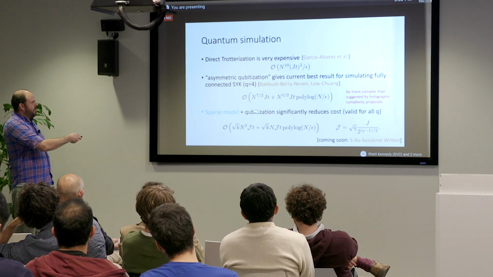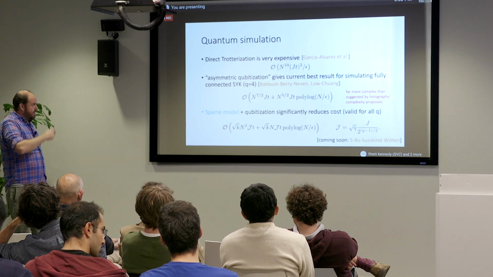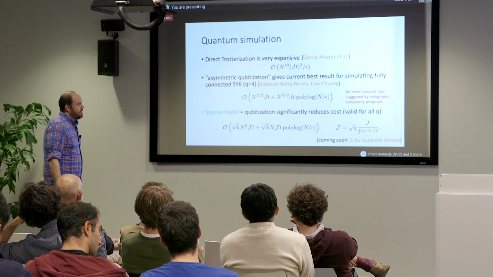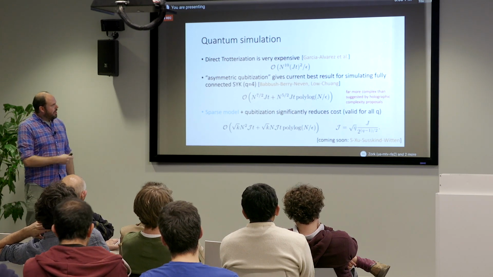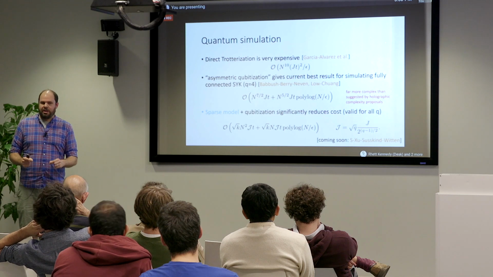But here it's saying you have a much more expensive cost to simulate this dynamics. In fact, I'll claim, as far as I know, there is no quantum algorithm currently known to our species that simulates these kind of models in a time linear in the number of degrees of freedom. So that's actually a challenge to the algorithm community.